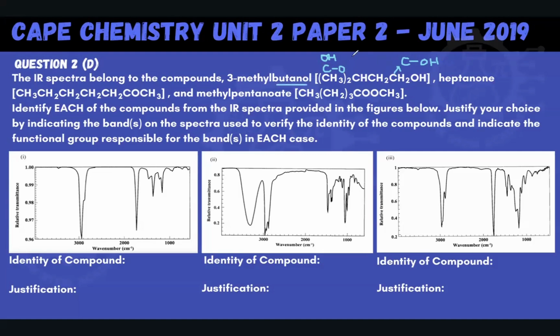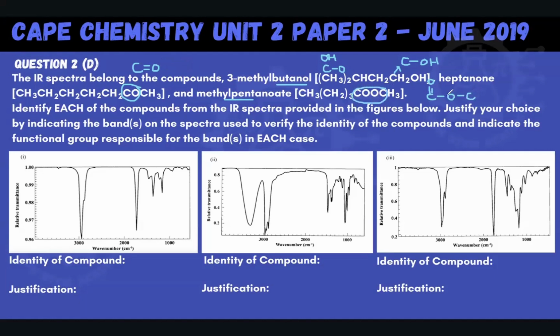For heptanone, which is a ketone, there's a carbonyl functionality, so there's a C double bond O that we're going to be looking for at a particular wave number. And then for the ester, which is methyl pentanoate, we have a C double bonded O, and then we also have an O that's bonded to another C. And that's what all of this region here represents, right?